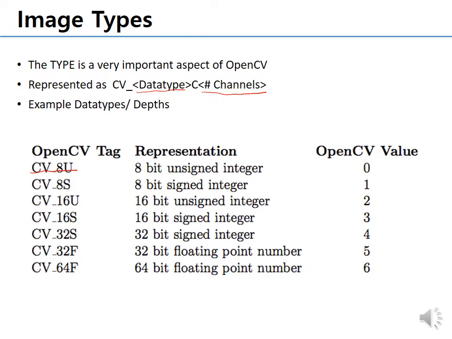That is an 8-bit unsigned integer. 8S is a signed integer. 16U is a 16-bit unsigned integer, and 16S a 16-bit signed integer. 32F means a 32-bit floating point number. 64F means a 64-bit floating point number.